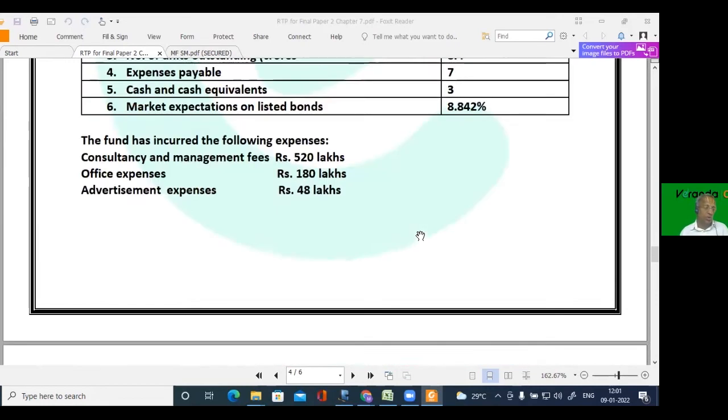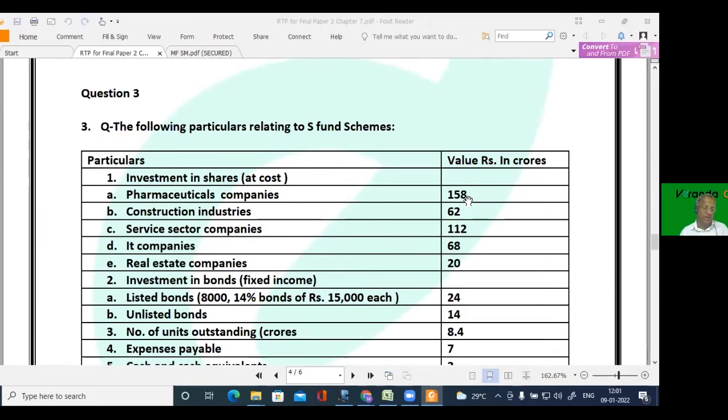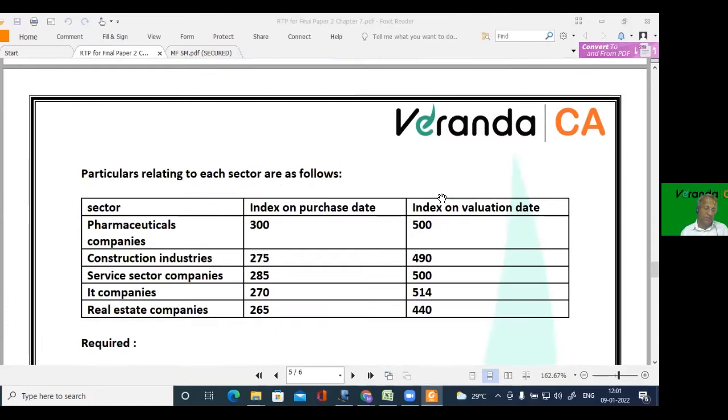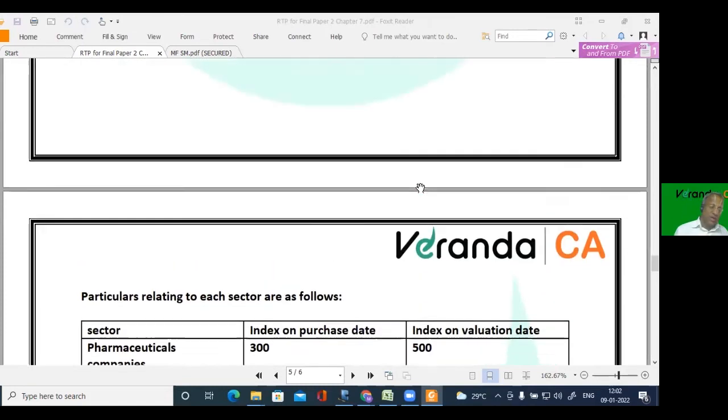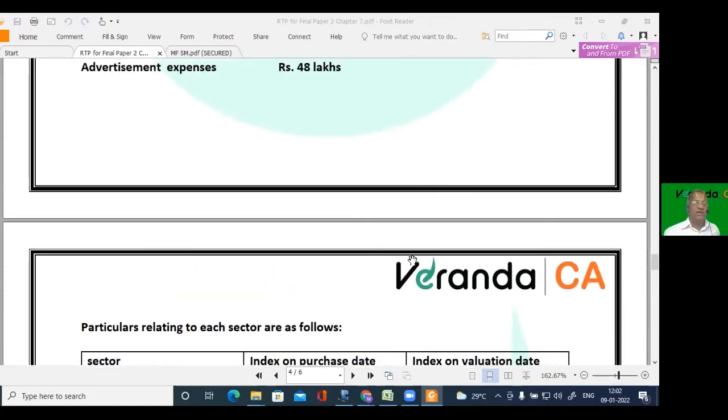So what they are trying to convey is that for this pharmaceutical companies investment of 158, at that point of time the index could be 300, and this index is 500. So, you know, the indexation process for finding out cost of indexation in the case of capital gain, same thing only.